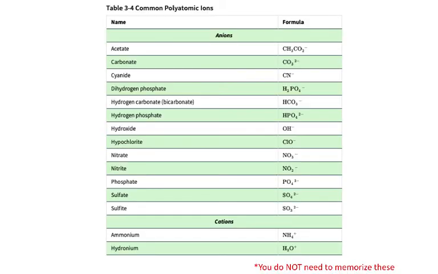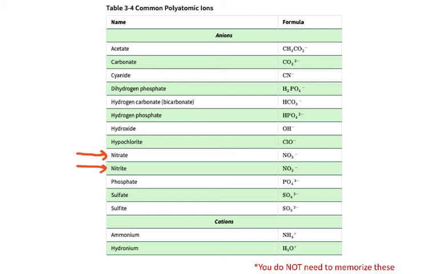Here is a table. Most of them are anions, and we have 2 examples here that are cations with a positive charge. There's a little bit of reason and rhyme to the names, but we're not going to really spend a whole lot of time on it. Notice a lot of them end in -ate or -ite, right?